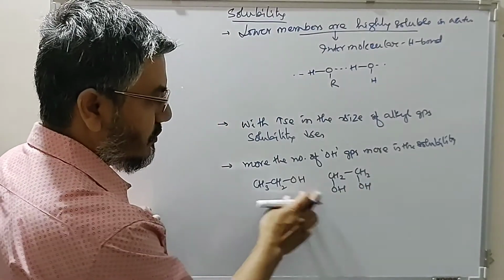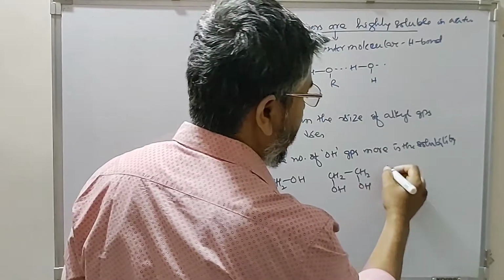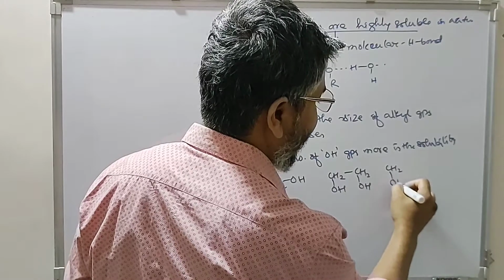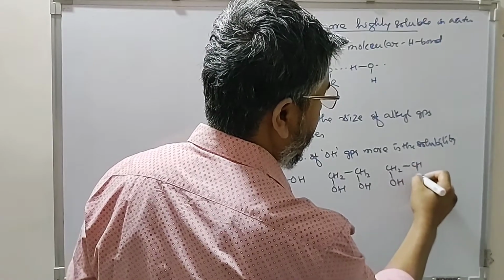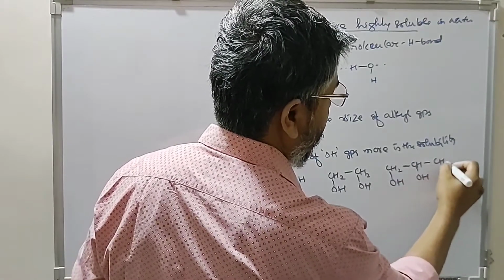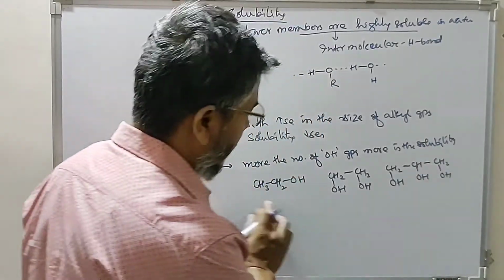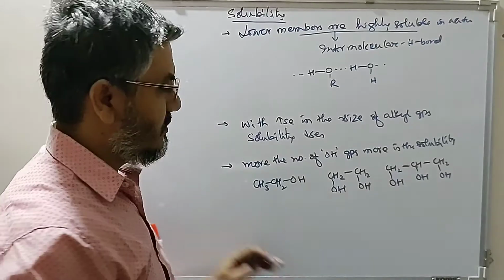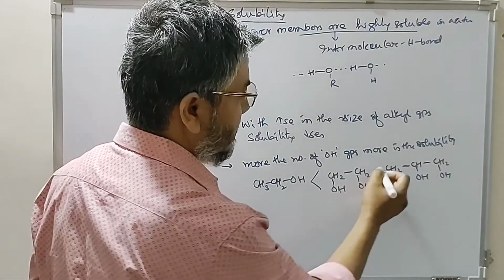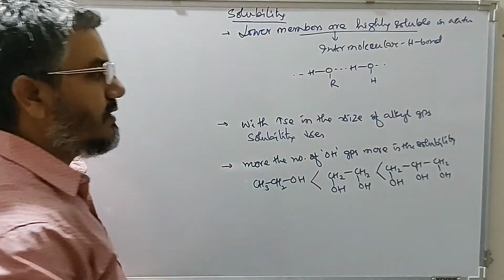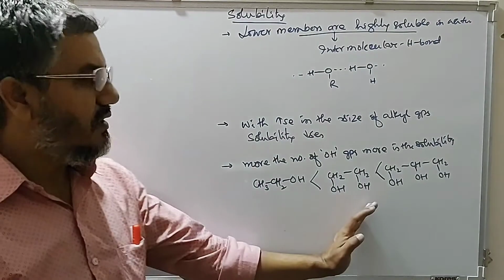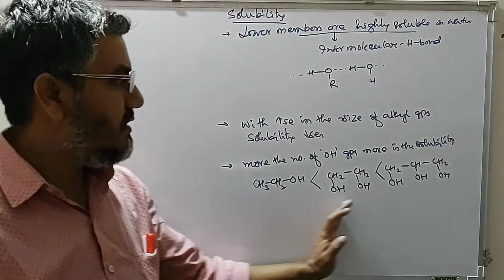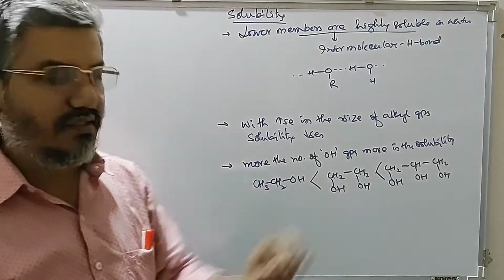So we have one OH group, we have two OH groups. Then we have glycerol. Number of OH groups increases. This is monohydric, dihydric, trihydric. So as the number of OH groups increases, association through intermolecular hydrogen bond increases, solubility also increases.